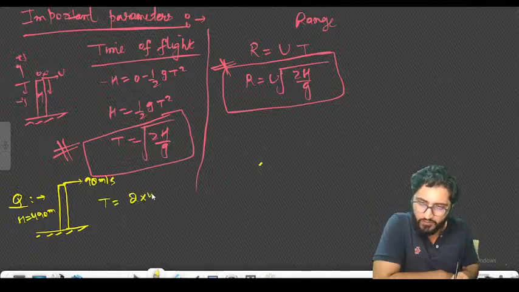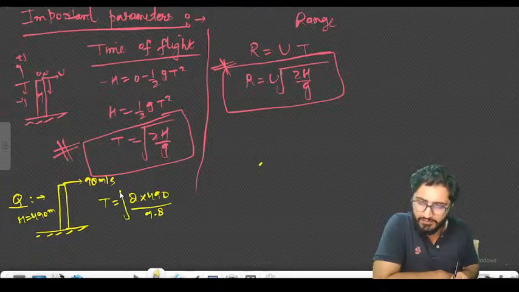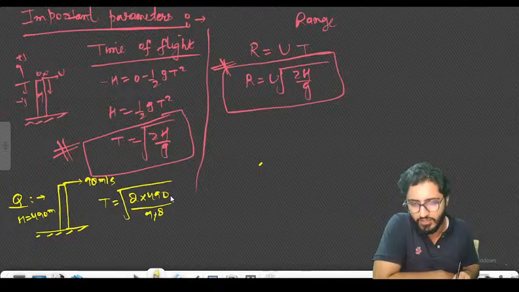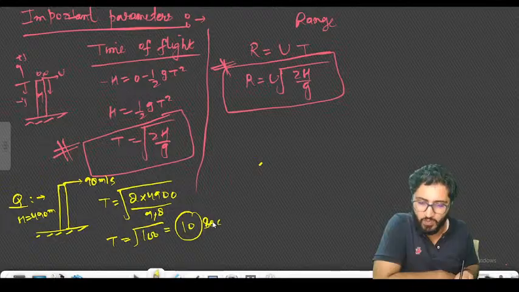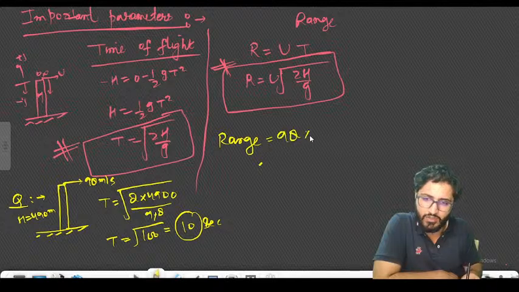Simple, root of 2 into 490 divided by 9.8. Simplicity, right? 0, 0 cancel out. So t came out to be root of 100, which is 10 seconds. If somebody asks you what will be range, it is u is 98 into t is 10, so my range will be 980 meters.